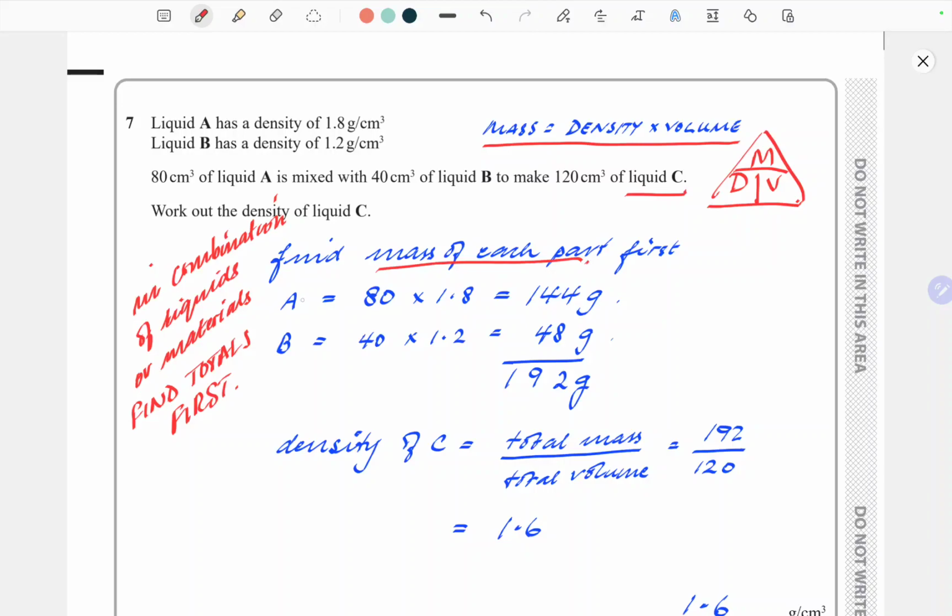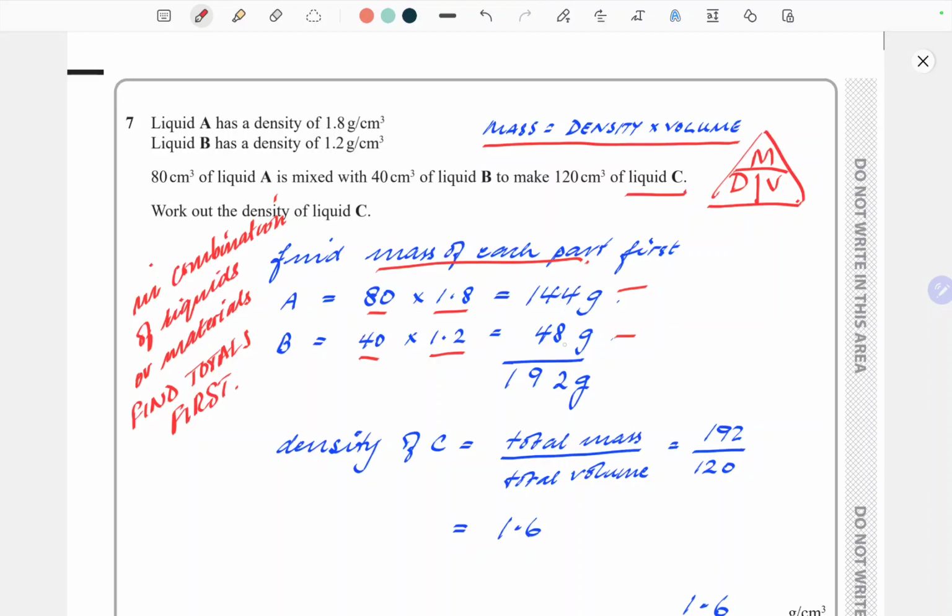Okay, so liquid A, you've got 80 cubic centimeters, so there's your volume, and the density, 1.8, gives you a total of 144 grams. B is 40 cubic centimeters times 1.2, right, the density, and that gives us 48 grams, all right?